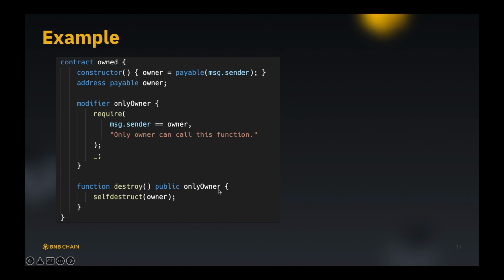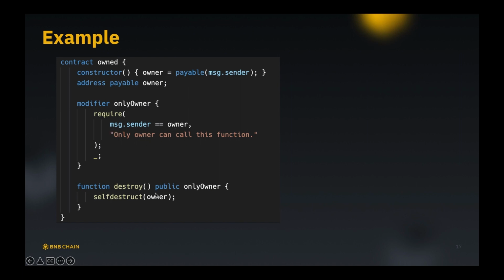It is possible to use these modifiers inside the functions. And you call self-destruct owner. That means self-destruct and send all the remaining ether to the address owner. What it actually does is, when somebody calls destroy, it will first go to the modifier and require message.sender equals owner.